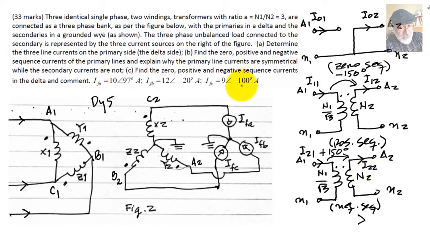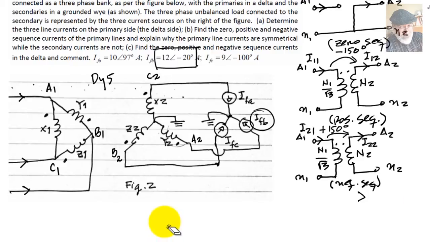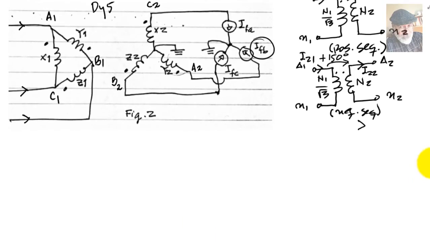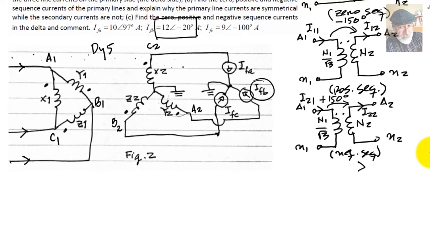Well, almost. They give us that the current in phase A is actually given by this source here, is 12 with negative 20. So let's write them down. Let's move this a little bit down. That's about right.